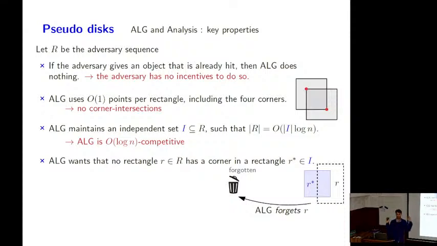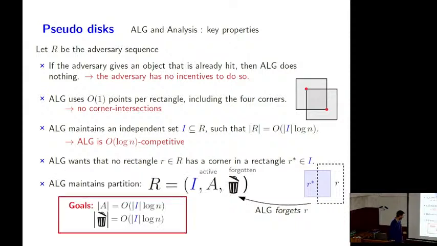We will consider that it never happened. It never appears in the sequence. And so the algorithm will maintain some partition of the sequence. There will be this independent set, the rectangles that were trashed, and the rest of the rectangles that are the active rectangles. The goal will be to show that this set is at most this bound, so we want to bound these two sets by this.